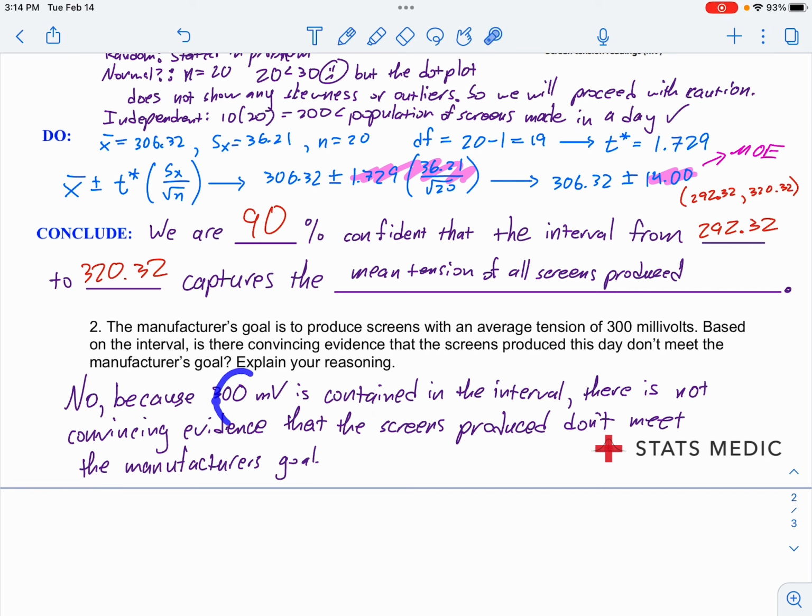Because again, 300 was well within this range.